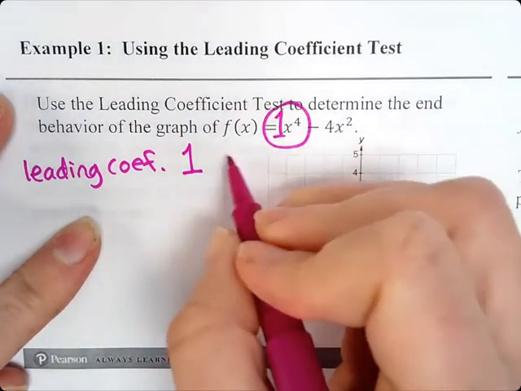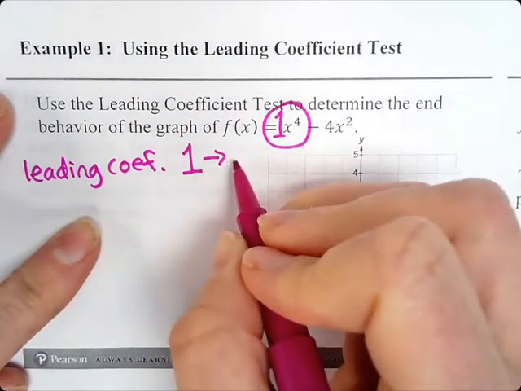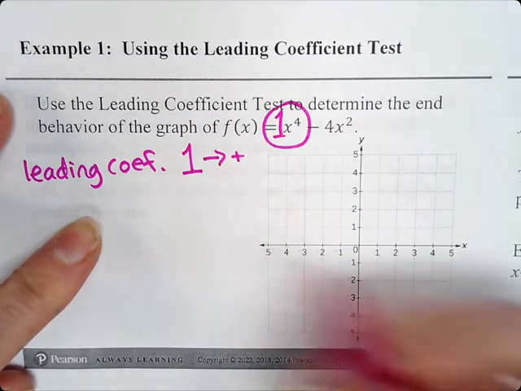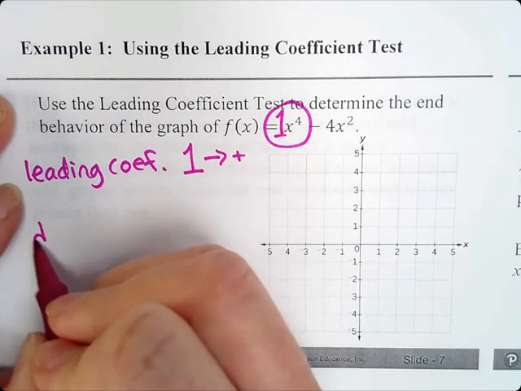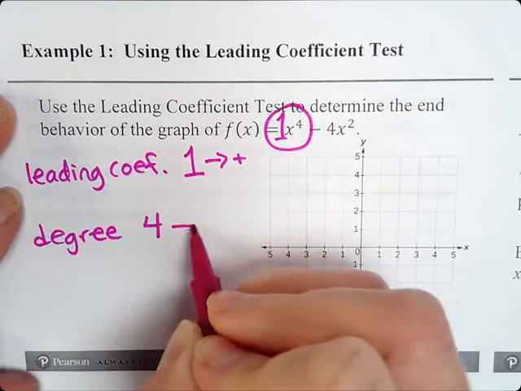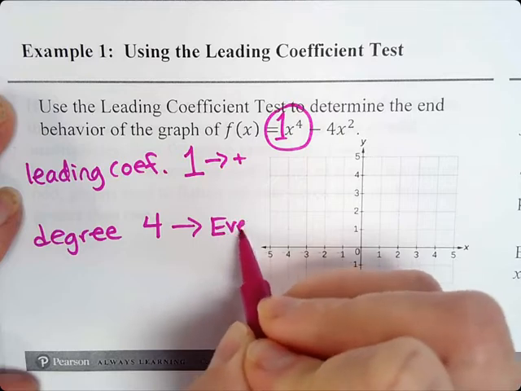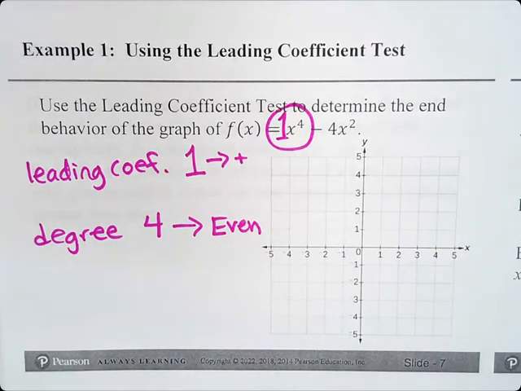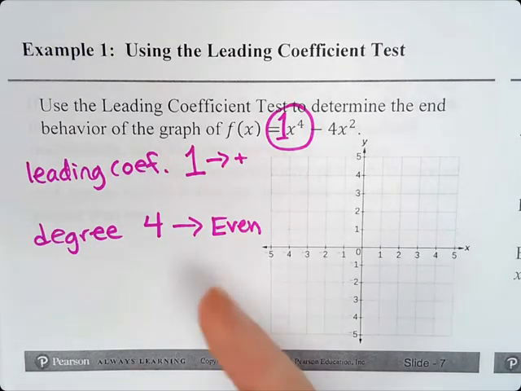So that means it's positive. And then our degree is 4. So that means it's even. So we have a positive leading coefficient and an even degree.